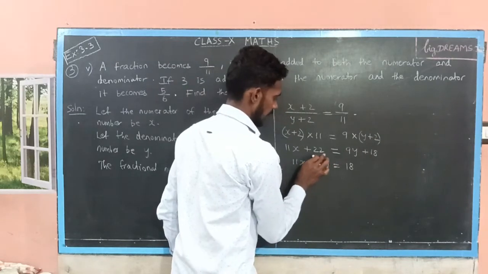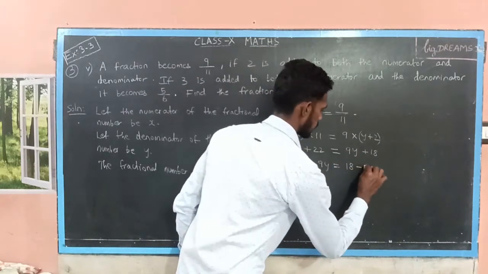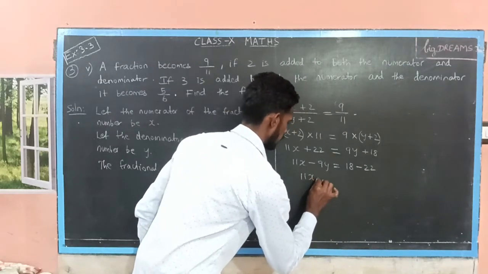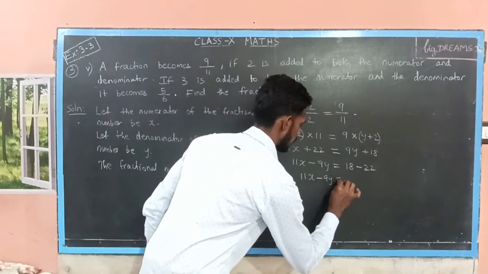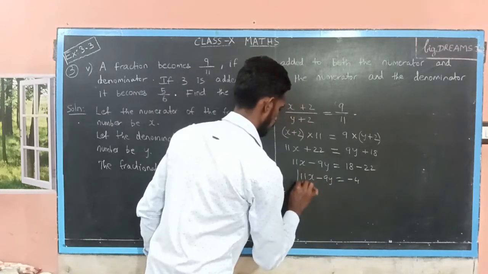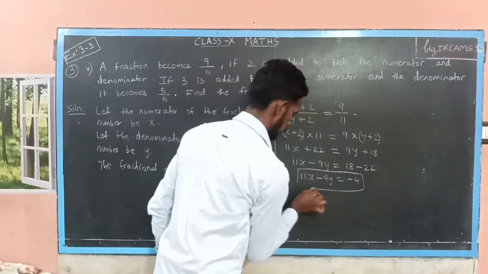Then take this 22 to the right side, it becomes minus 22. So it is 11x minus 9y is equal to 18 minus 22, which is minus 4. Thus we have got the first equation.